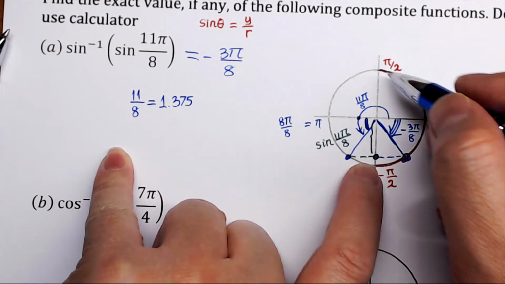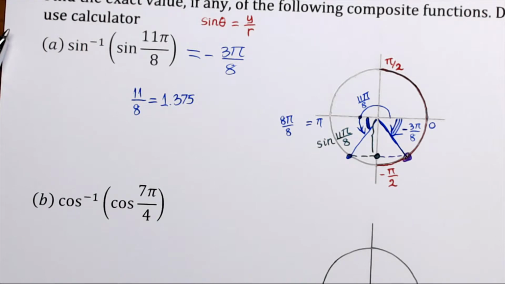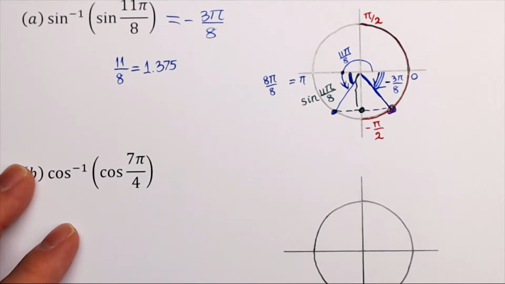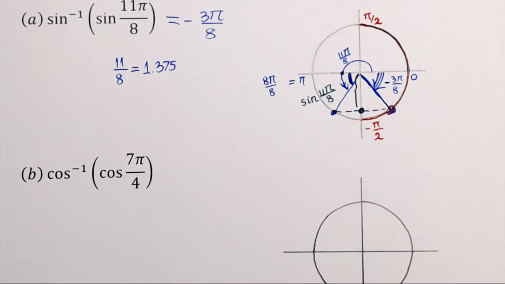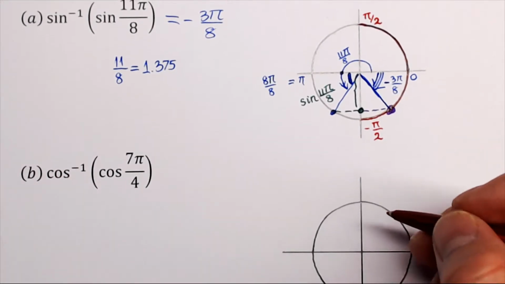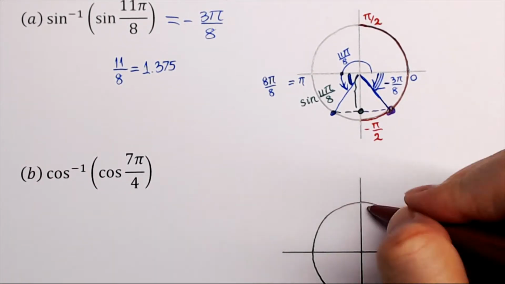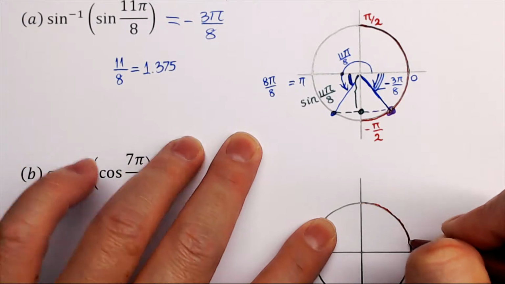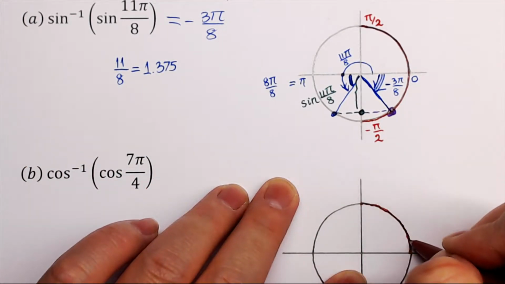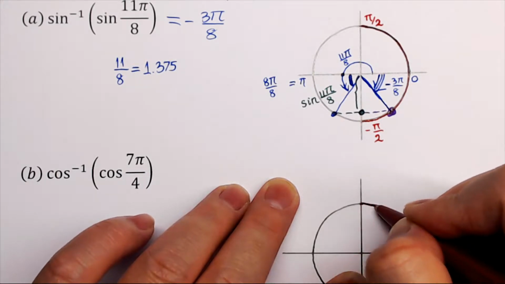Next, sine of 11 pi over 8. So 11 pi over 8, we just do 11 over 8. It is 1.375. Let me check. Yes, about 1.375. So we have 0, half a pi, pi, and 3 pi over 2.